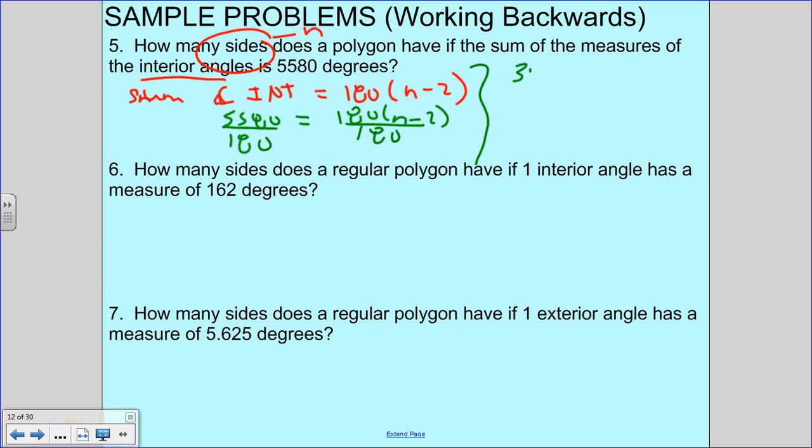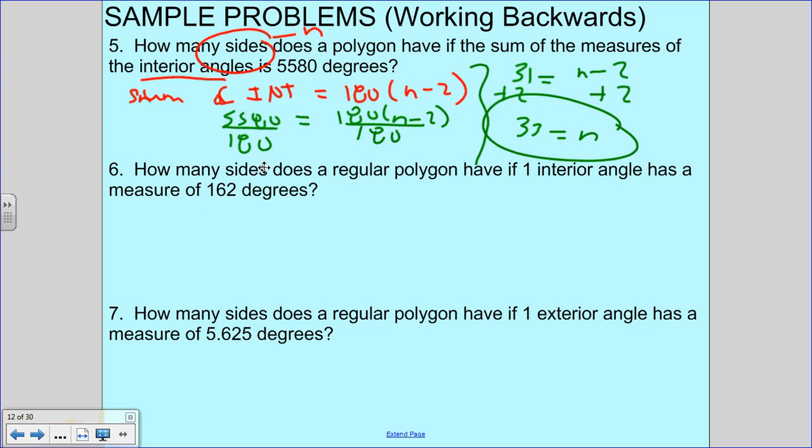So now we have 31 is equal to n minus 2. And then using your algebra skills, you got to add 2 to both sides. So you would get 33 is equal to n. And you could always go back and check your answers, plugging in 33 for n into the original equation to make sure it gives you 5580.